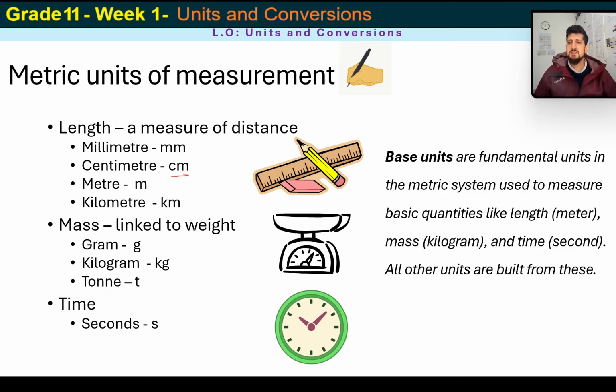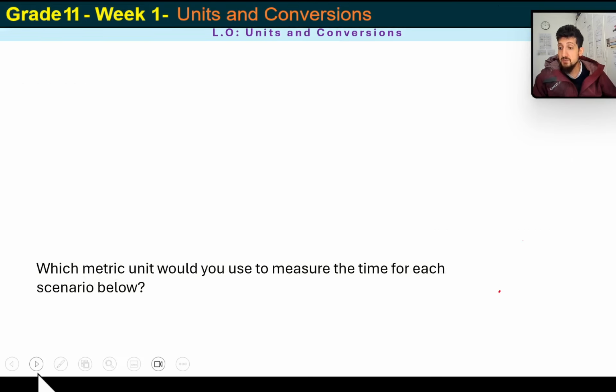Right, what about centi? Centi means 1/100. Centiliter means 10 milliliters. Centimeter means 1 centimeter because it's 1/100. Okay, and so on and so forth. So let's go and have a bit of practice.